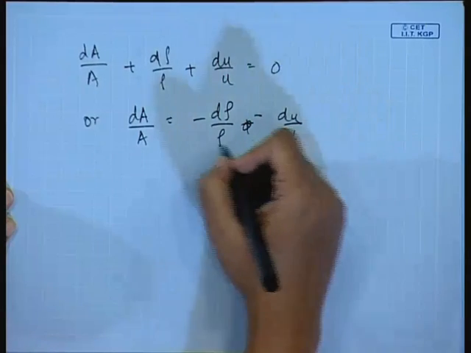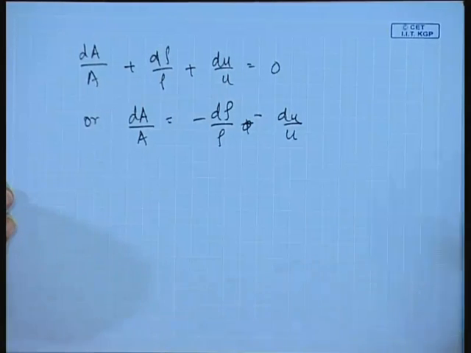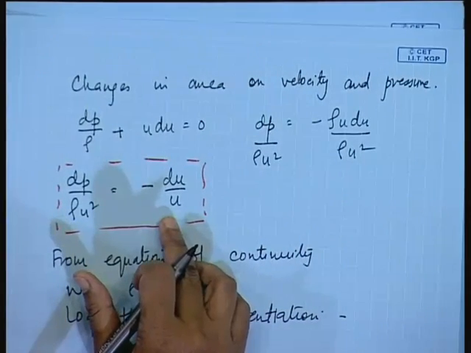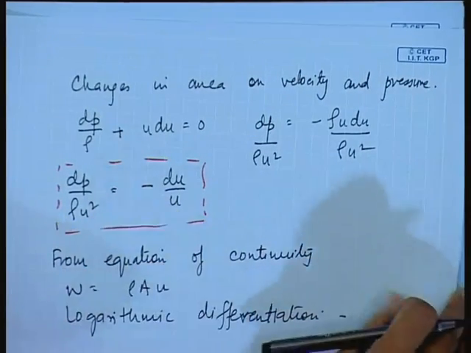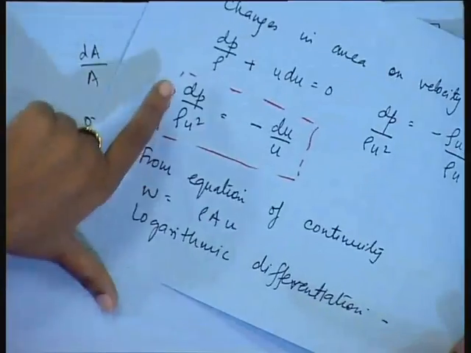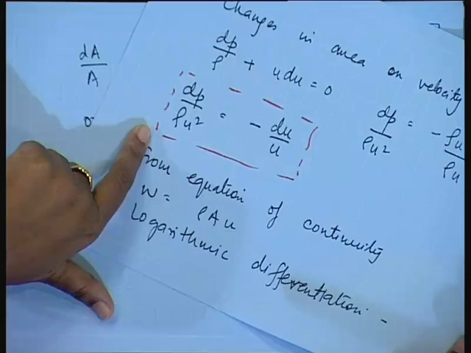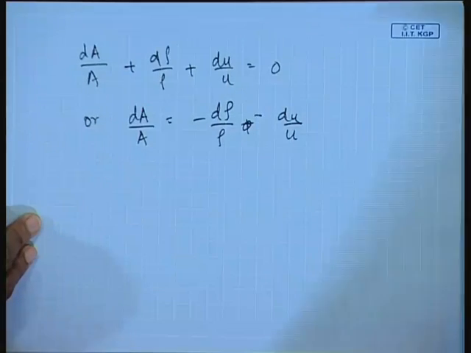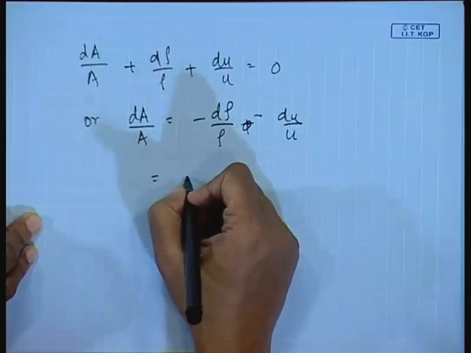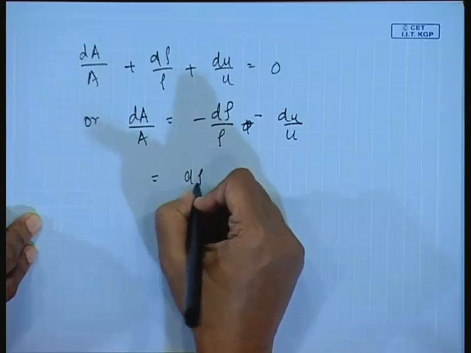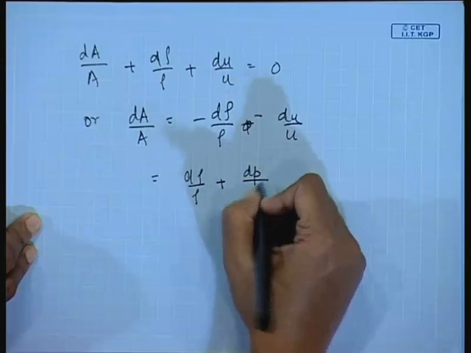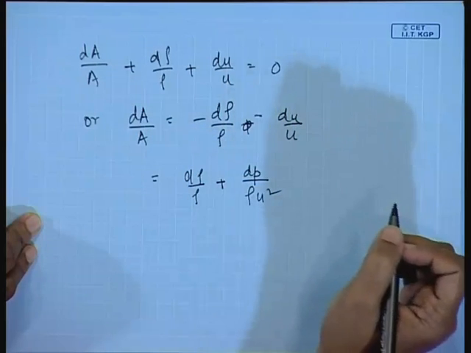Okay. Now, from here what we had got? We had obtained an expression for minus du by u. So, we can substitute this du by u with dp by rho u square, isn't it? So, if we do it, we get d rho by rho plus dp by rho u square, right?